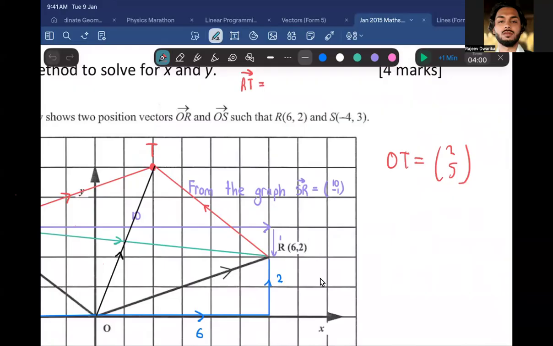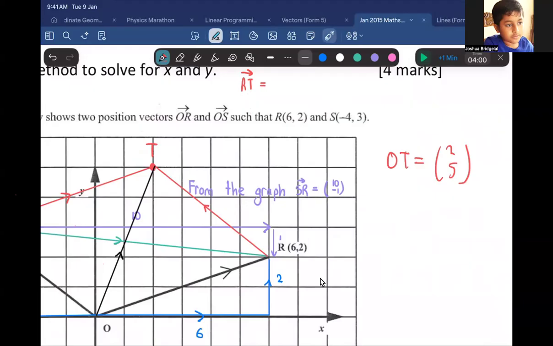If you want to go from point R to point T, where are you starting from?